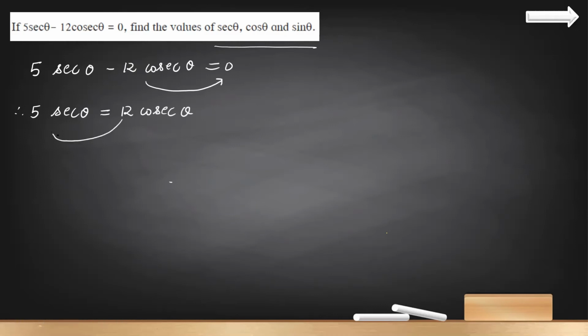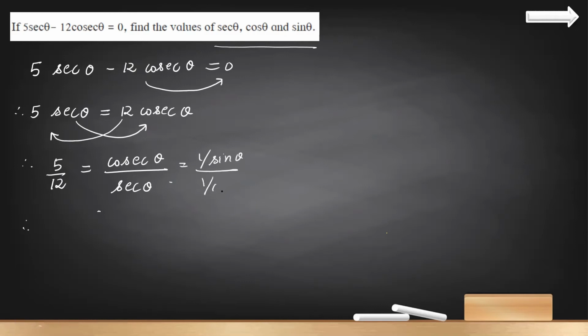I'll bring this 12 over here and sec over here. 5 upon 12 is equal to cosec theta upon sec theta. Okay, right. What do we have? Therefore, what is cosec? Cosec is 1 upon sine. What is sec? 1 upon cos. So it gets interchanged.